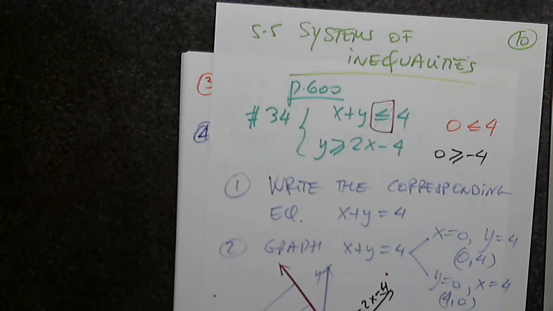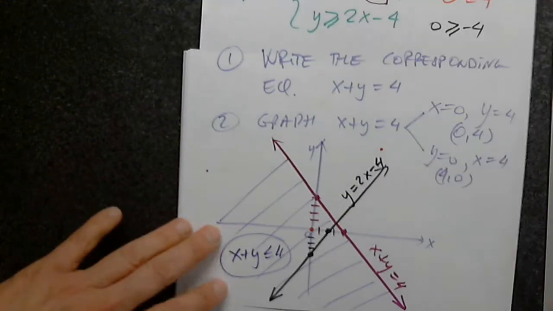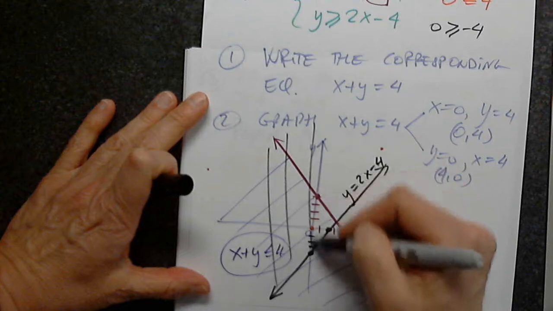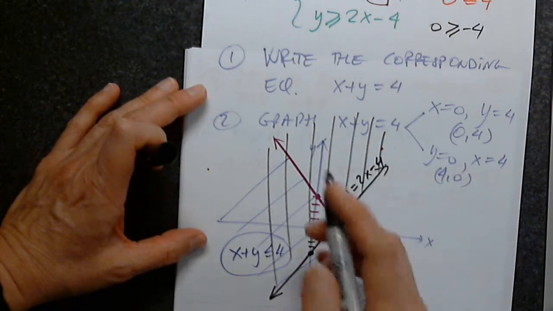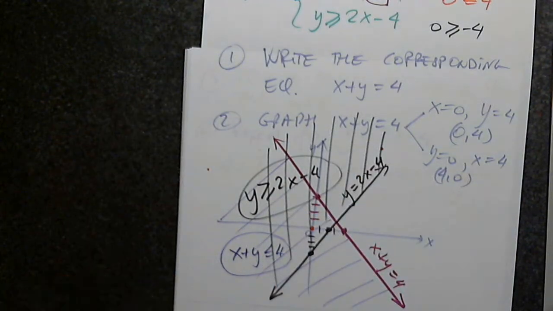If you say it's false, then I will shade the opposite region. Is this statement true? Yes. Since it is true, I will shade the area where the point came from. And this area represents solutions to y greater than or equal to 2x minus 4. It's the only way to present the solutions.